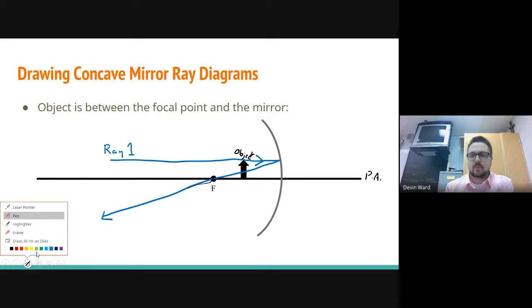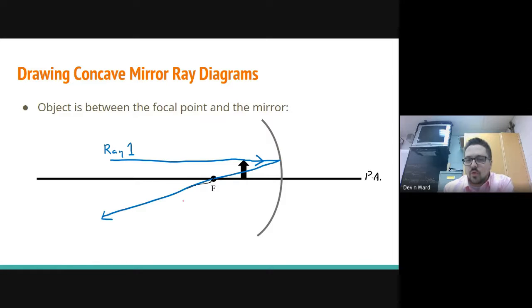Ray 2. I should go into a race where I have object just because I have to write through it. So it's going to come through the focal point to our object, kind of like that, actually. Okay, then come through like that, hit here, and then bounce back, reflect off parallel.